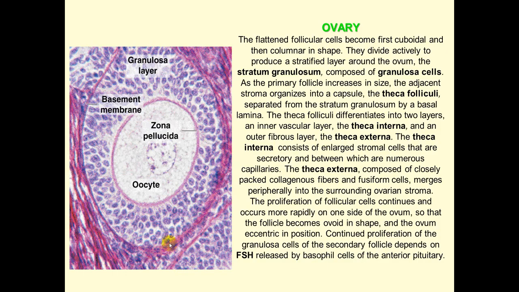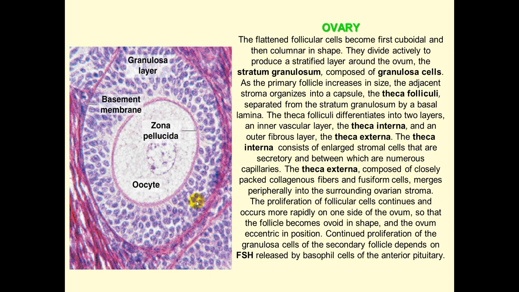Here are located cells which look like fibroblasts. Theca externa and theca interna are vascularized. Blood capillaries come from the stroma of the ovary.